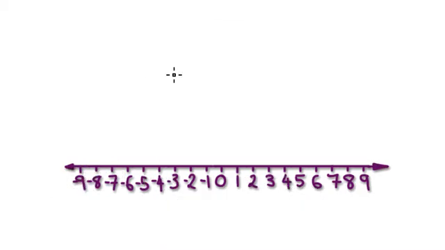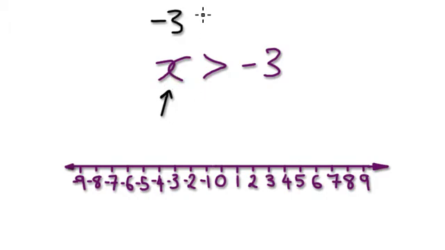So for example, let's say x is strictly greater than, let's say, -3. Strictly, you cannot put -3 into here, because of this symbol here. It's saying that it has to be bigger than -3. You see, this symbol is different from this symbol here.